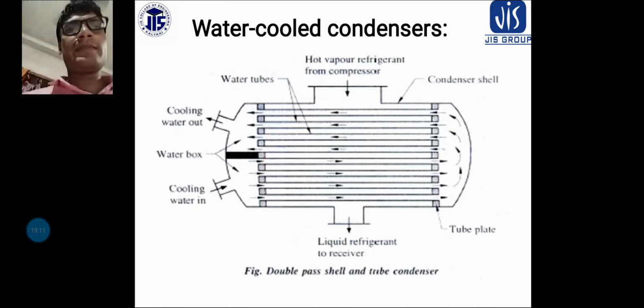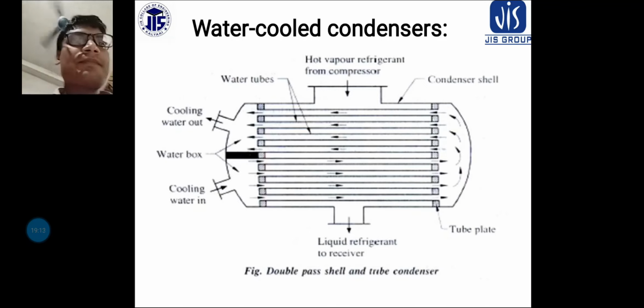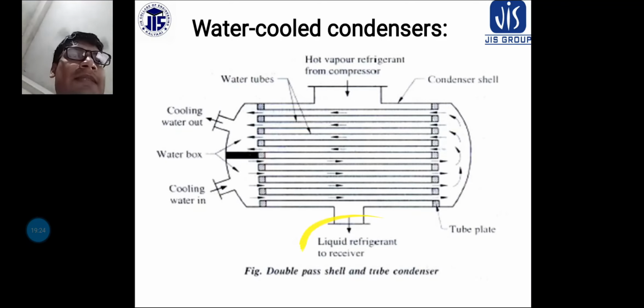And we will see that after passing through this tube plate, at the outlet of the pipe, it is your liquid refrigerant to receiver. That means the liquid refrigerant is coming out into the receiver, and it is taken to the expansion valve.